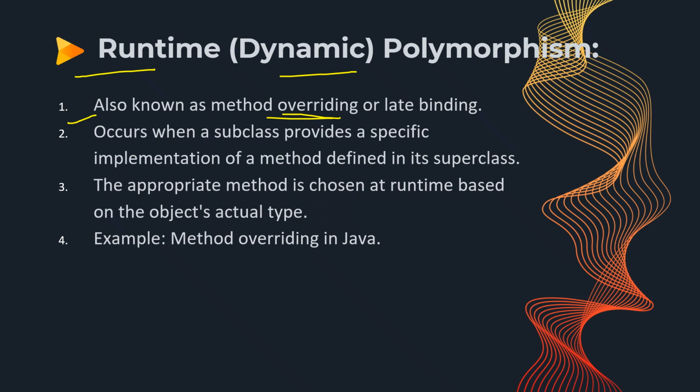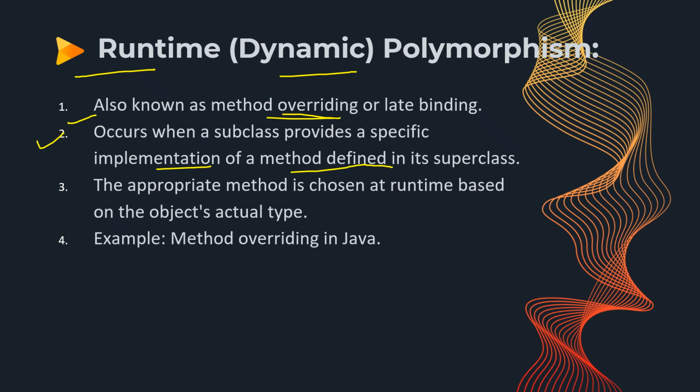These are the names for a single thing, and it occurs when a subclass provides a specific implementation of a method defined in the superclass. So it provides the implementation of a method from the superclass in the subclass, or child class.